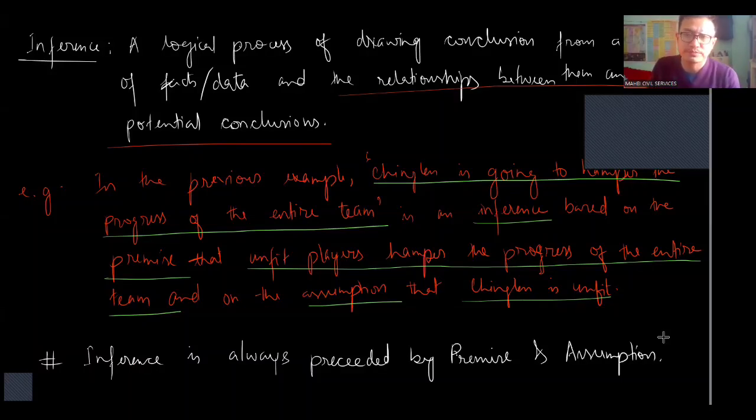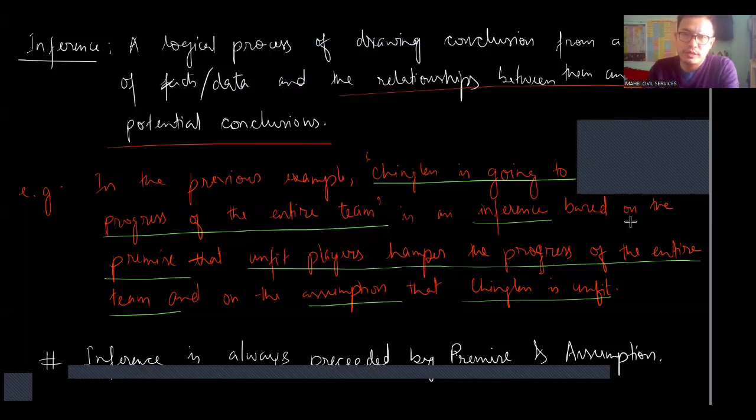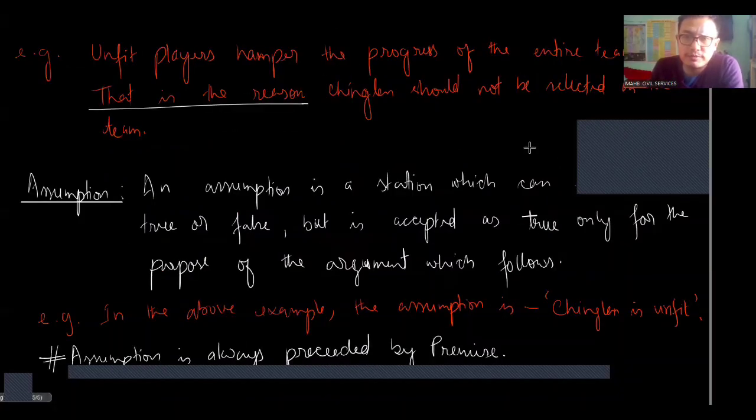For example, unfit players should not be selected. Why should this be the inference?